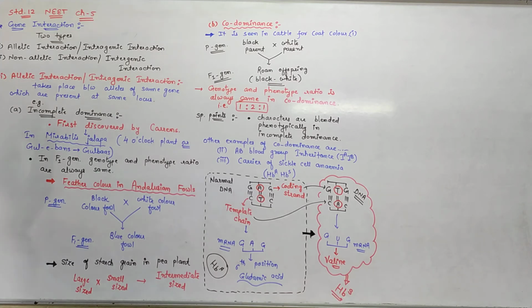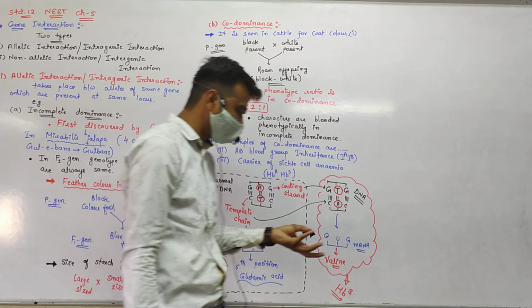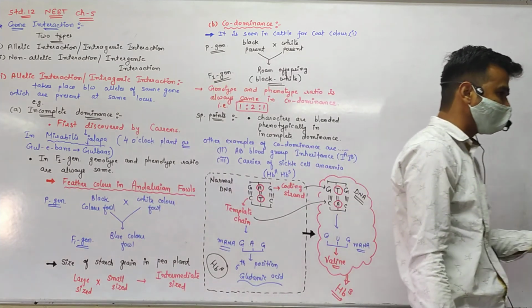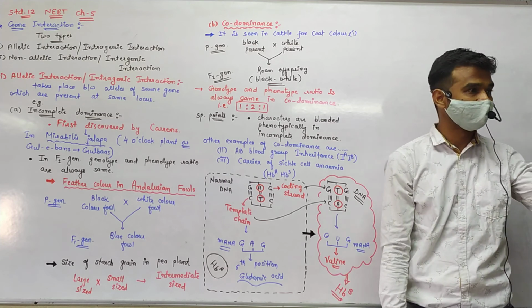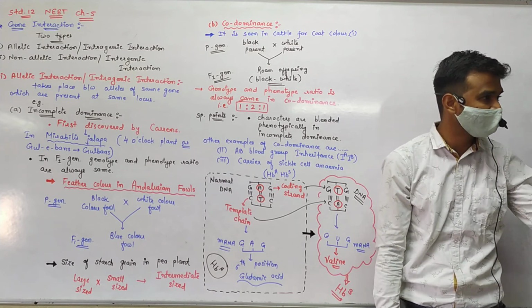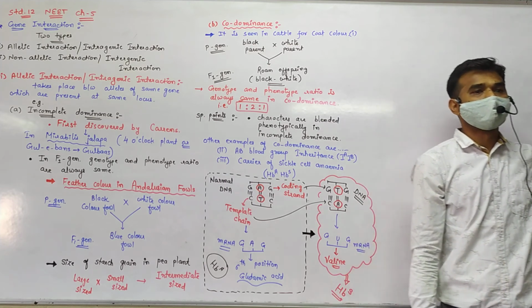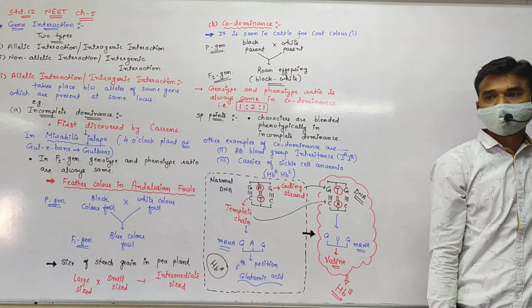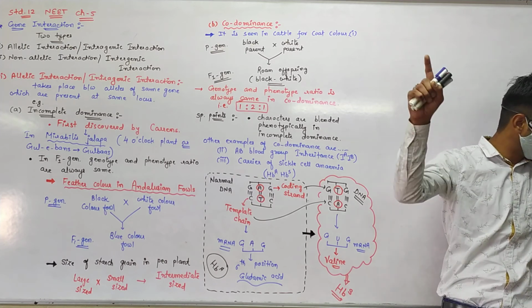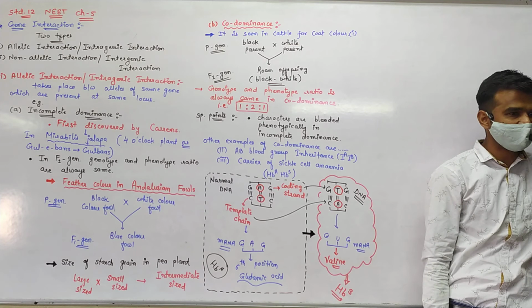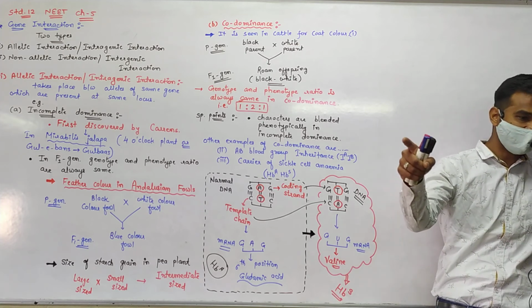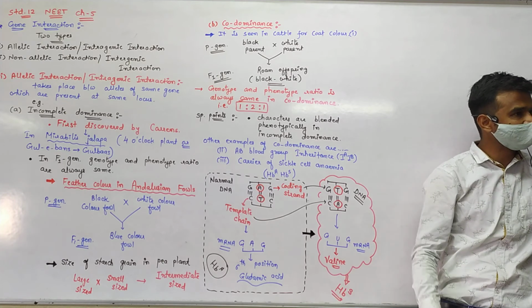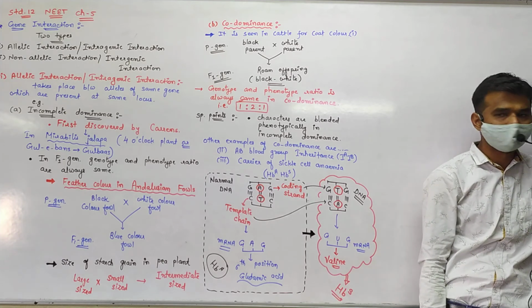So sickle cell anemia is an example of gene mutation or point mutation, or you can say pleiotropism also. At the time of the pleiotropism explanation, I told you that in the textbook phenylketonuria is the example given.